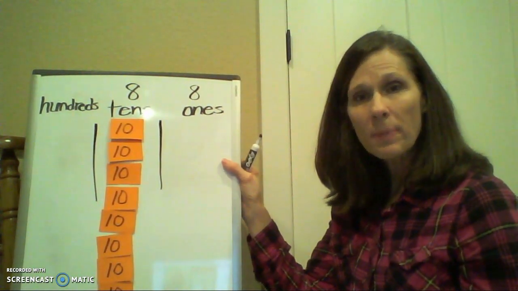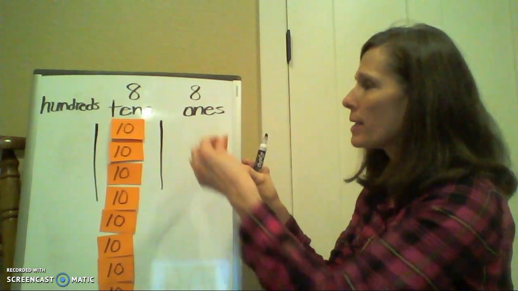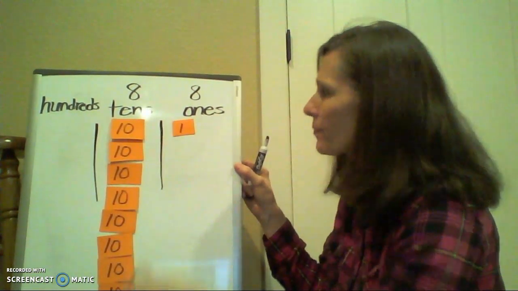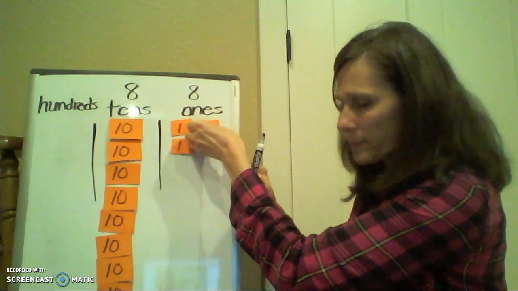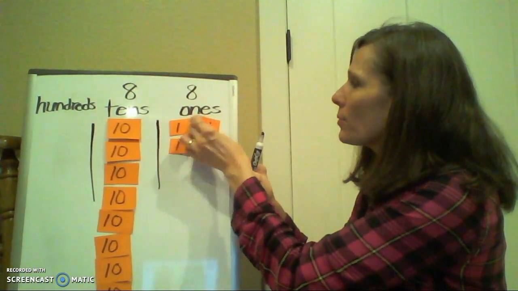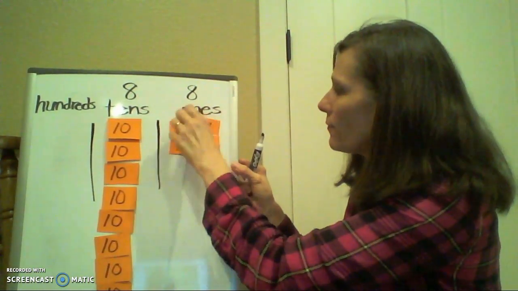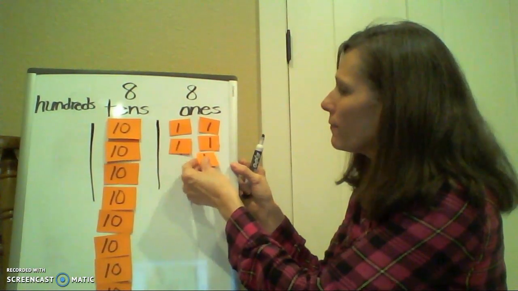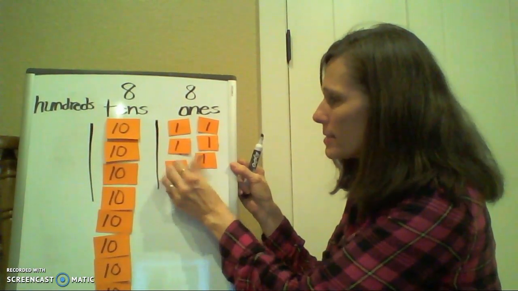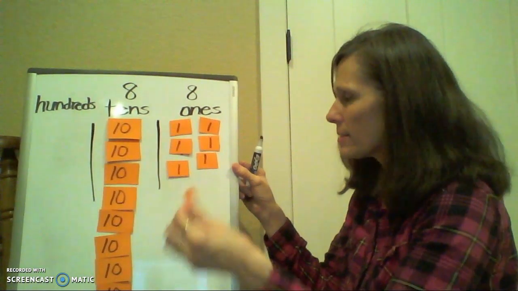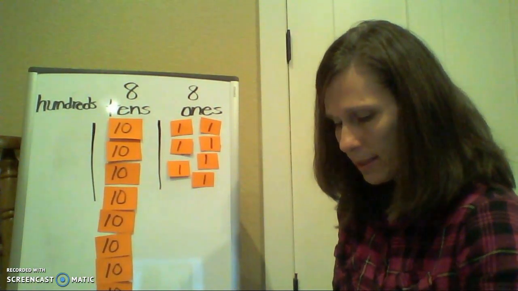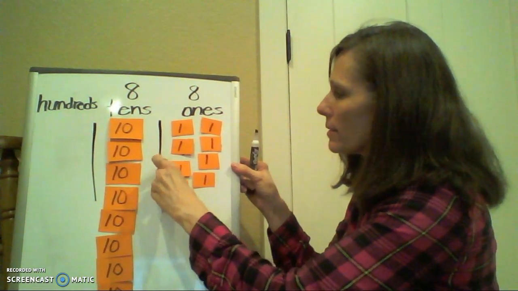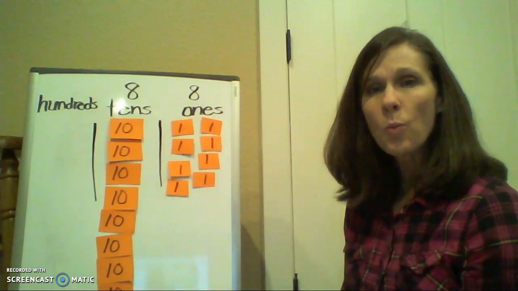Well, the 8 in the ones place really means 8 ones. So 1, 2, 3, 4, 5, 6, 7, and 8, right? The 8 in the ones place means 8 ones.